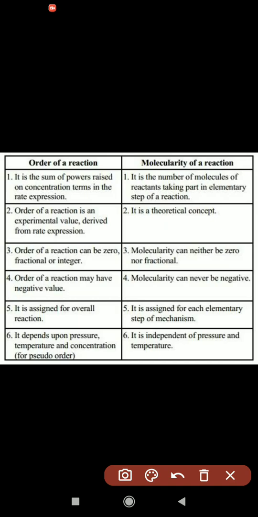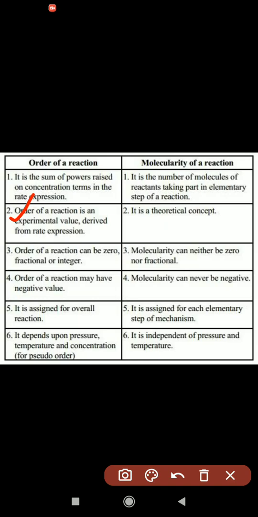Next, the second point. Order of a reaction is an experimental value derived from the rate expression. So the order of reaction is always found experimentally only. It is not possible to determine it using the balanced equation.